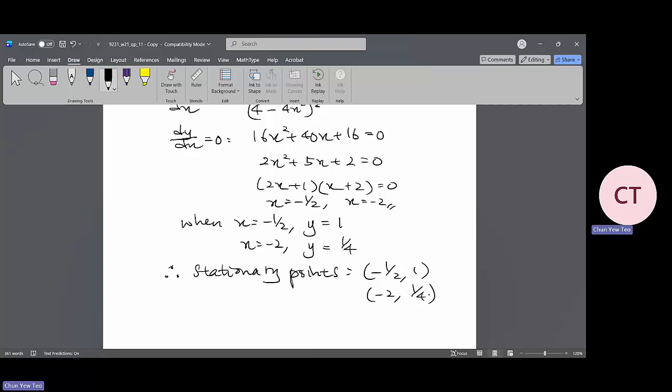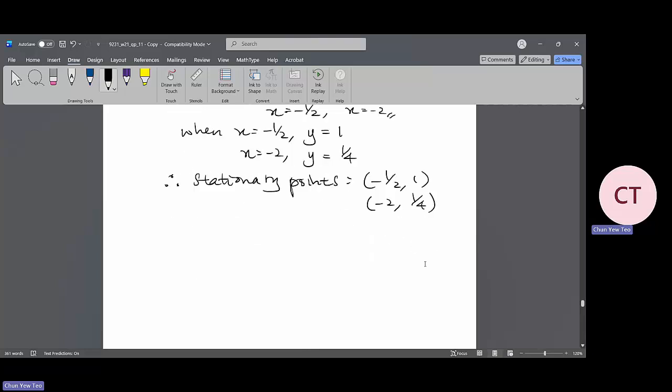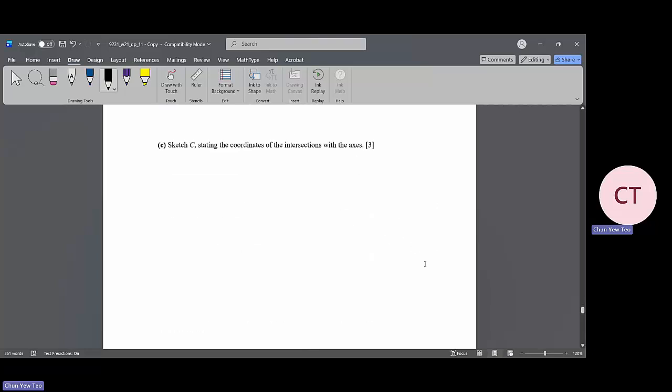We just need to find the stationary point. There's no need for us to check which one is maximum, which one is minimum. Later when we plot the graph, we will roughly know which one is maximum, which one is minimum. So now we move on to the C.